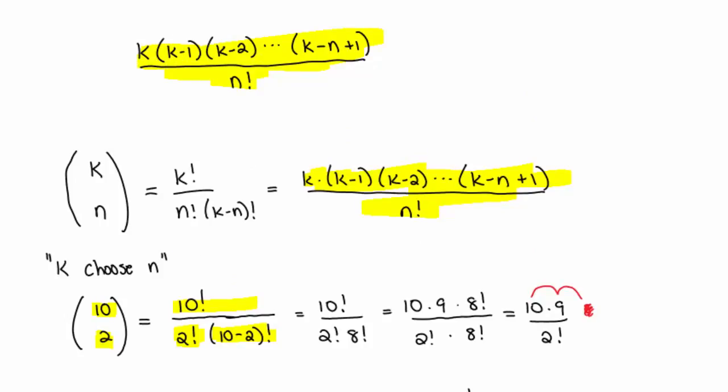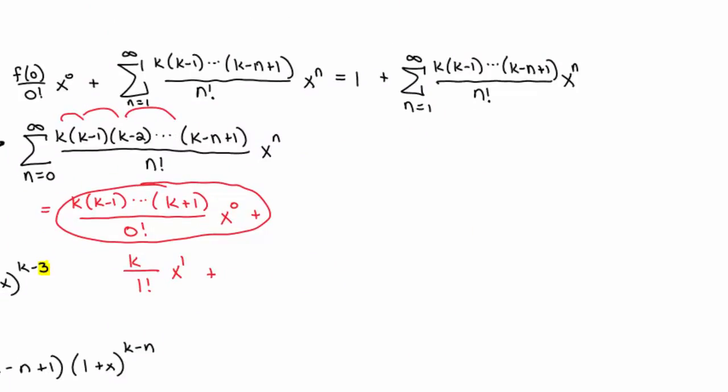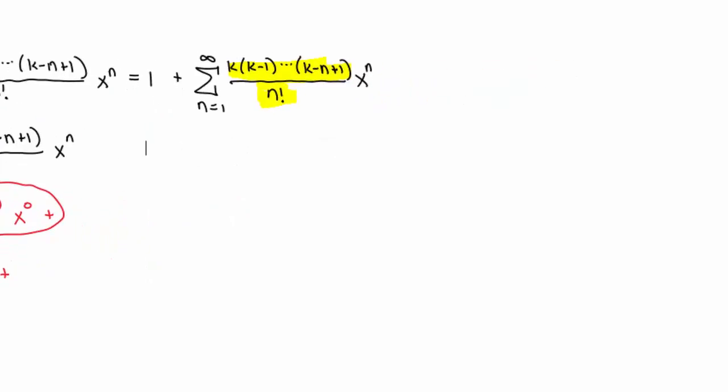It's the expression that is in our summation, this piece right here. So you can also say that this is the same thing as 1 plus the summation n equals 1 to infinity of k choose n, x to the n.